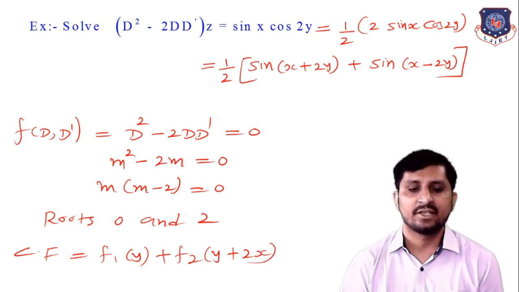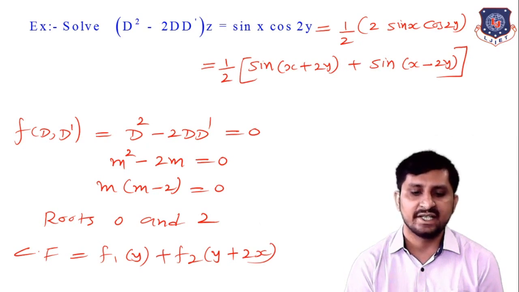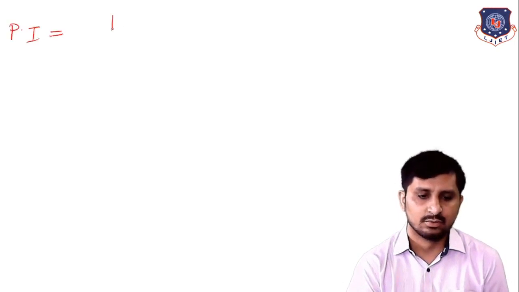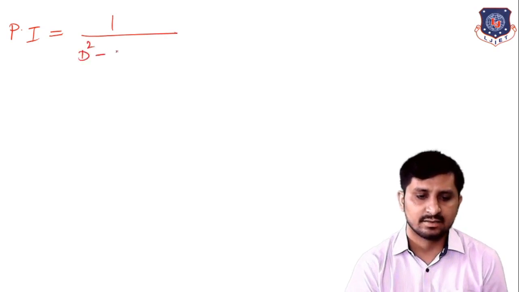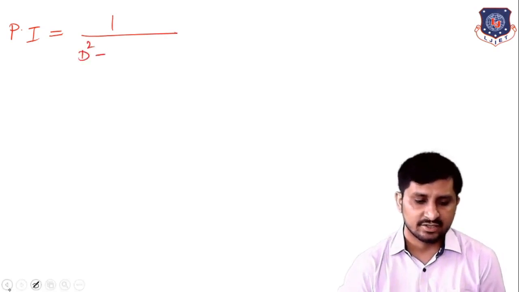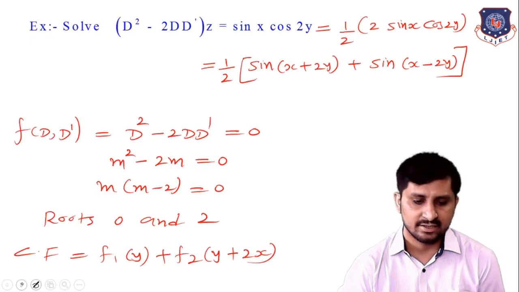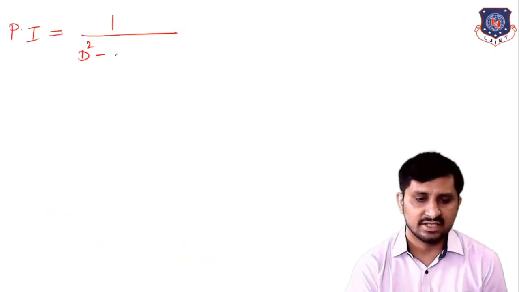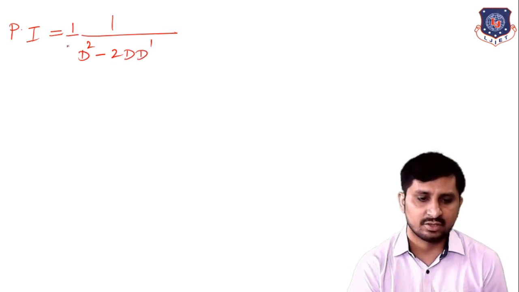Now, what is my particular integral? Particular integral is nothing but 1 upon D square minus 2 D dash. The 1 by 2 is already there.